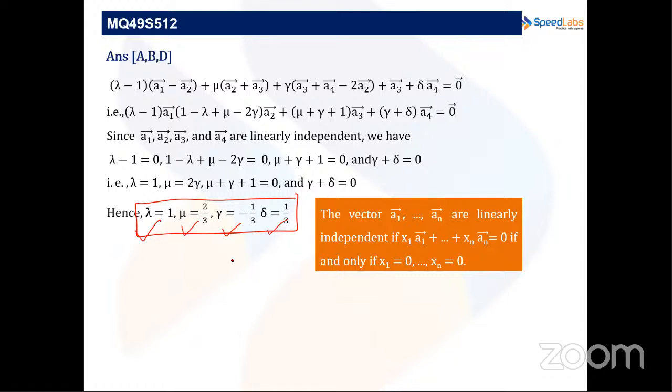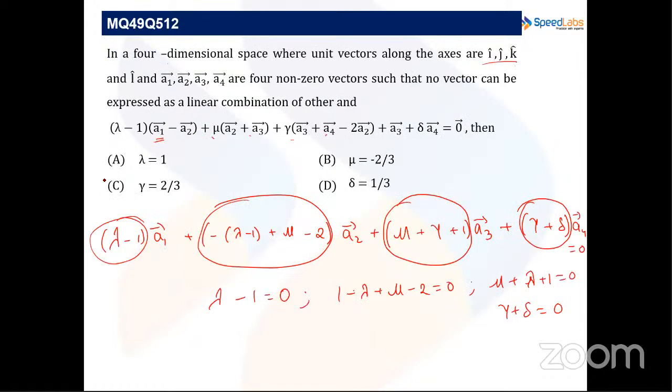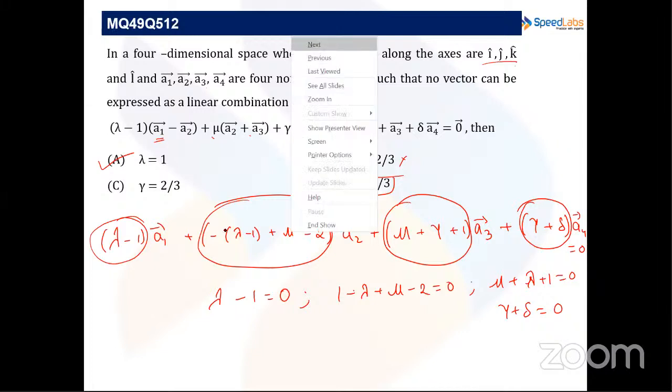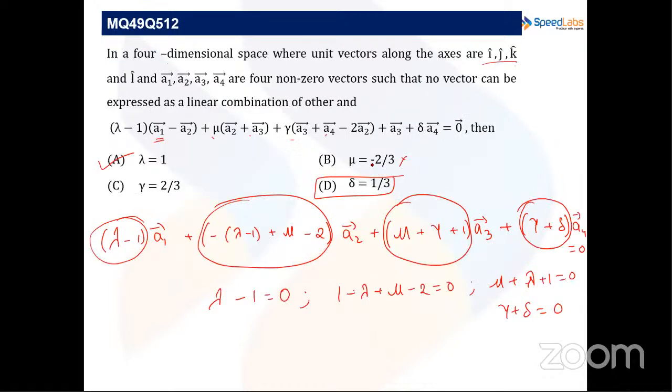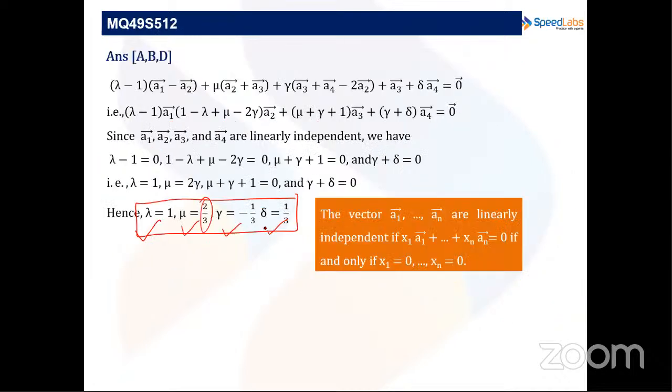Let's see which options satisfy our conditions. Lambda is 1 and mu is 2 by 3, so one option is not satisfying; another gives minus 2 by 3 and delta 1 by 3, so this is not satisfying. Options A and D are satisfying our conditions.